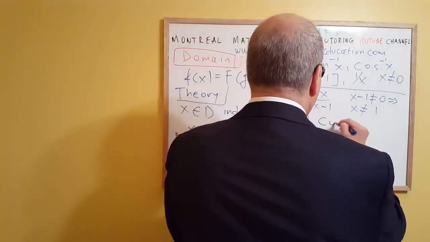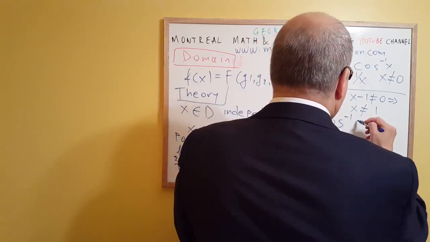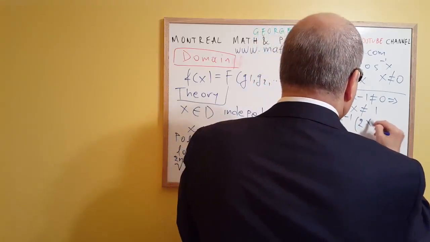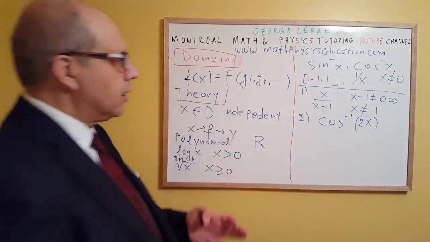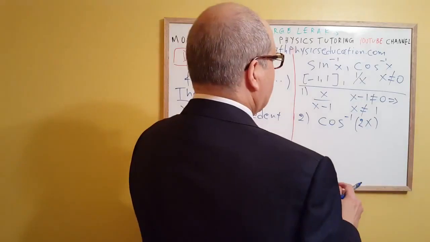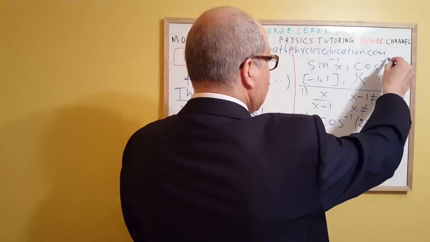Let's say, for example, we have another function, inverse cos of 2x. So here your function is of this form.